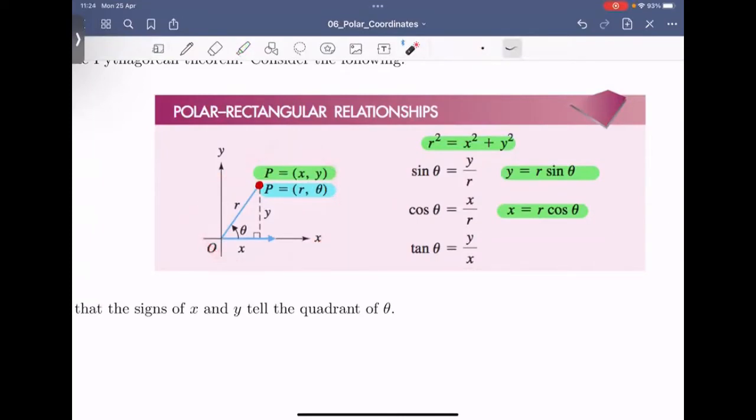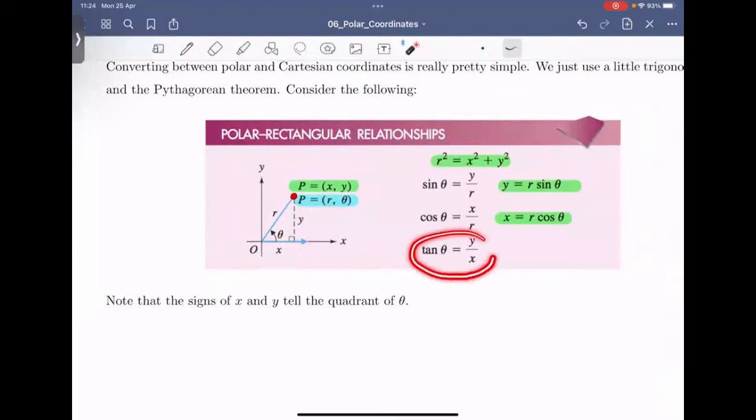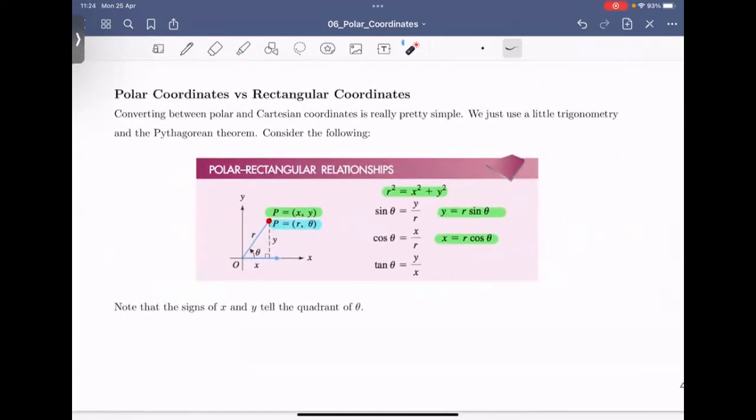If you do not understand, memorize it. And the last one is tan theta equal to y over x, which you can always use, because this is opposite over adjacent. This is how we switch points and equations between polar and rectangular coordinates.